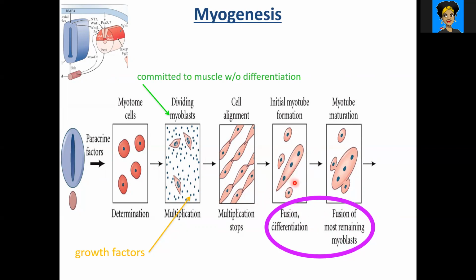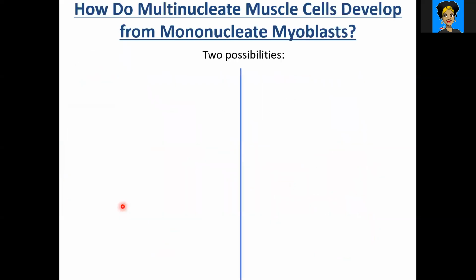And so you end up with a bunch of cells forming one giant cell that's multinucleated. And you still have some differentiation that's occurring at that time point. Then the muscle starts to mature and you get fusion of most of the remaining myoblasts. And at this point, you no longer have these small individual cells. Right now you have these giant multinucleated cells.